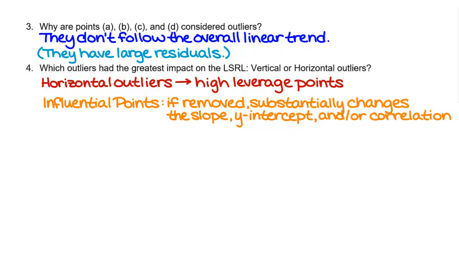Influential points are points that if I remove them, they substantially change the slope, the y-intercept, and or the correlation.